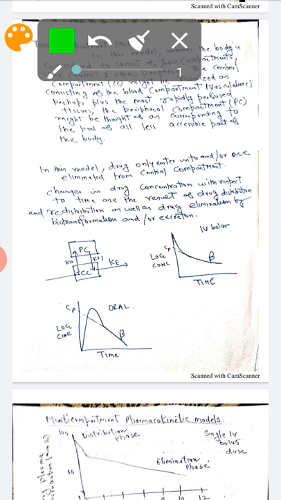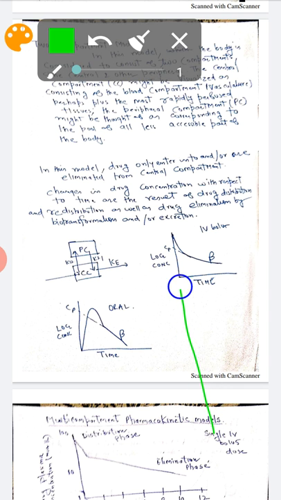Whereas in the 1 compartment model, because the drug stays within the bloodstream and highly perfused tissue, that is the central compartment, there is no distribution rate constant. But in the 2 compartment model, as actual distribution takes place between the central and peripheral compartments, we have 2 rate constants, that is the distribution rate constant and the elimination rate constant.